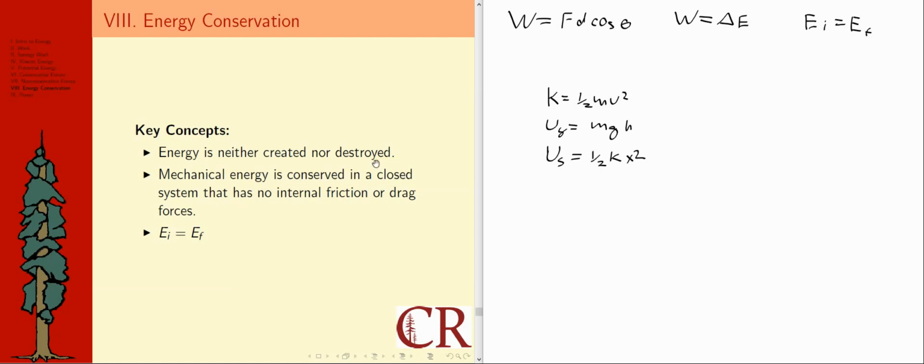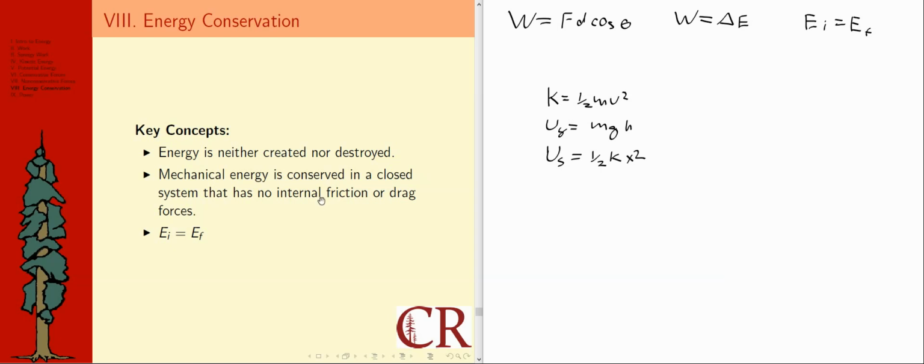I have above that a general statement that a lot of this concept of energy conservation, including mechanical energy conservation, is based on the idea that energy is neither created nor destroyed. So if it's not created or destroyed, for a particular system, the only option is it can either leave the system or come into the system. But when we say it's a closed system, we're removing that as a possibility. But it can also transform between one form and another.